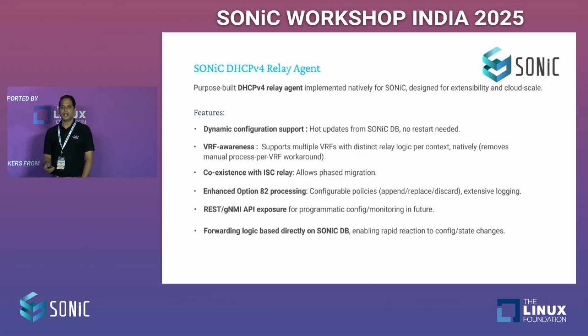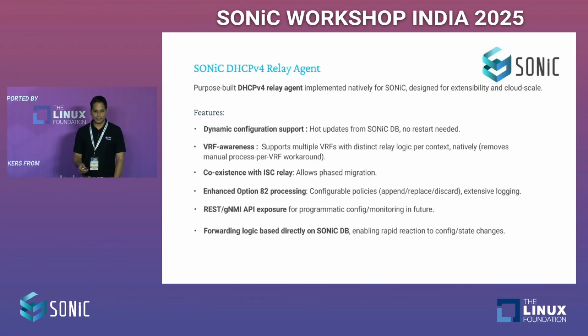You will have the same CLIs which were designed for ISC, config or show CLIs, still applicable here. They just start behaving differently once you enable the feature, so you'll have different outputs and data available for display.